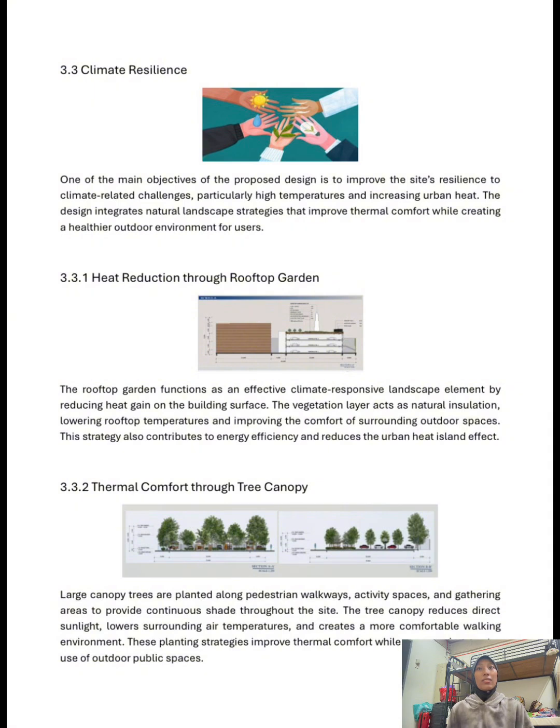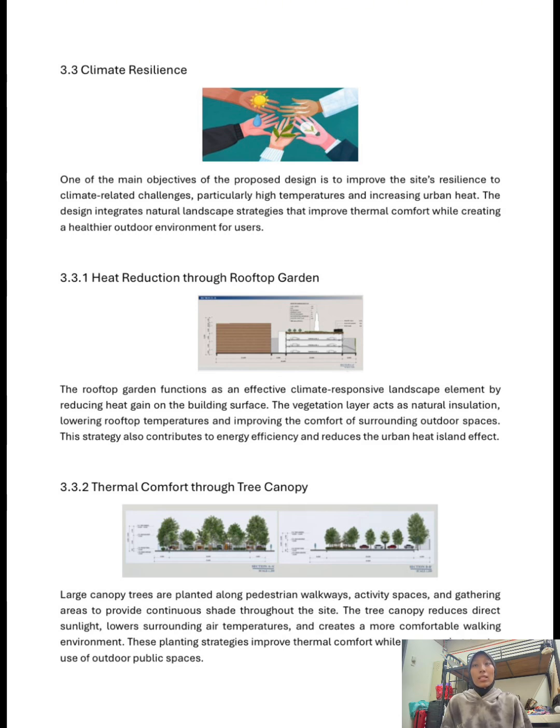The design integrates various public facilities such as community plazas, outdoor seating, flexible lawn, playground, improved pedestrian pathway, bicycle lanes, and a rooftop garden to encourage social interaction and enhance user overall experience.